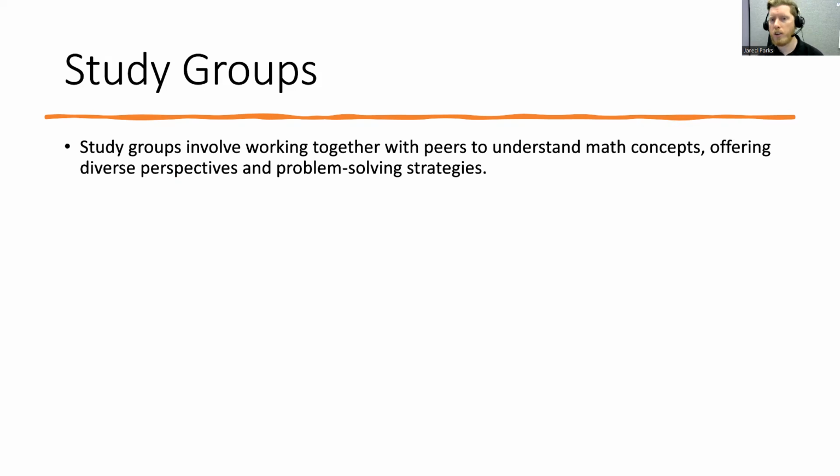So study groups involve working together with peers to understand math concepts. The way each person thinks about math is different and a lot of times unique, but there's also a lot of similarities in how we approach math. When you try to communicate how you're approaching a problem, if you're struggling to communicate it, someone else might have a clear understanding of that topic and explain how they understand it.